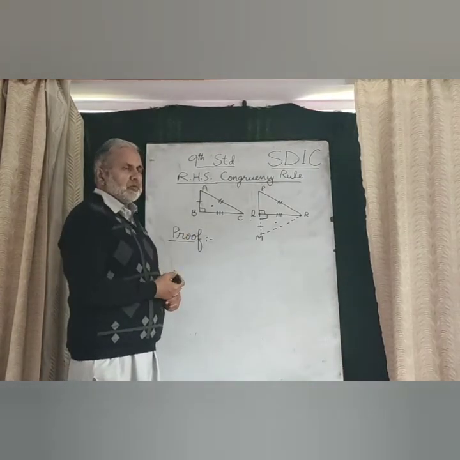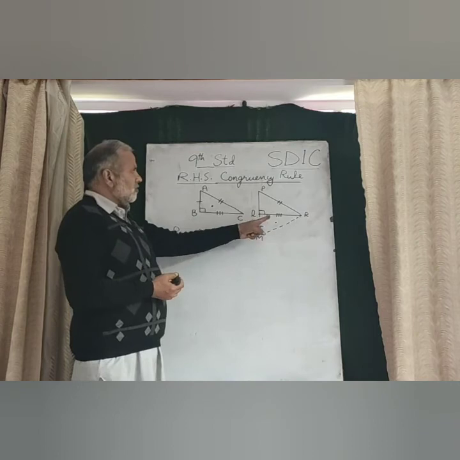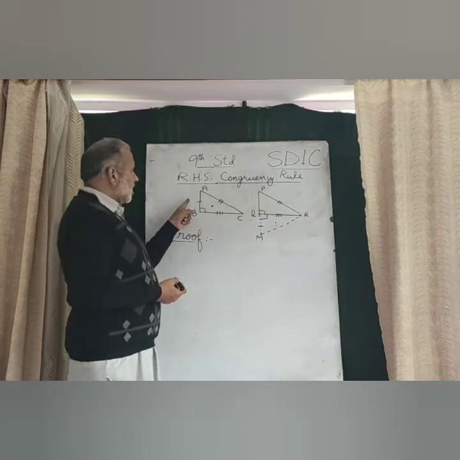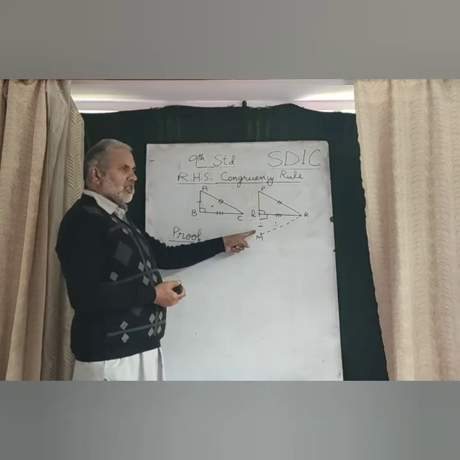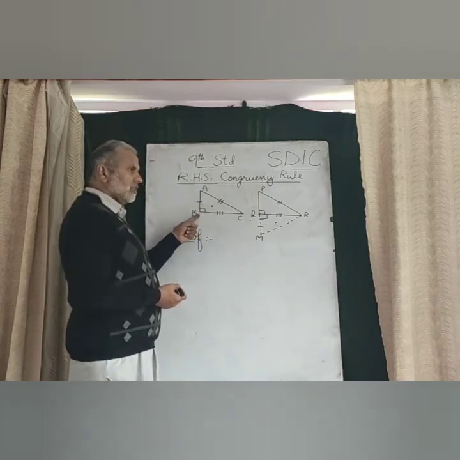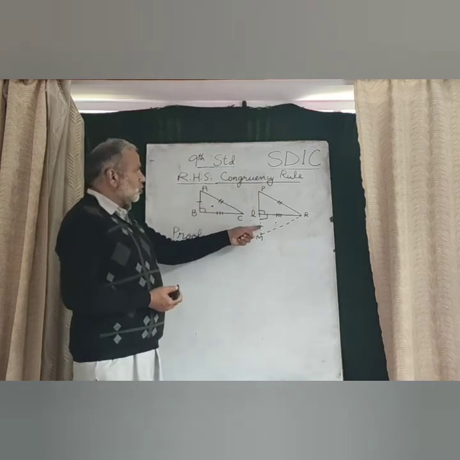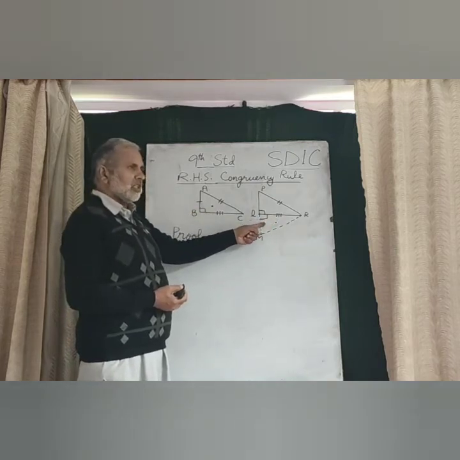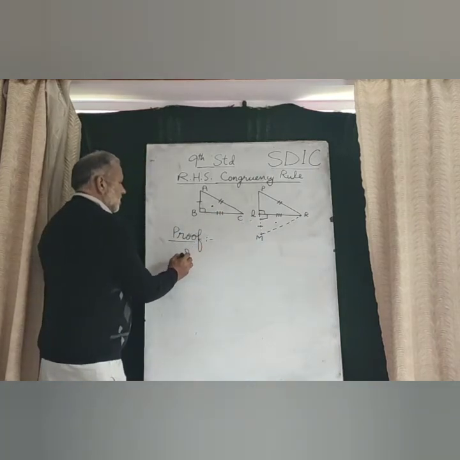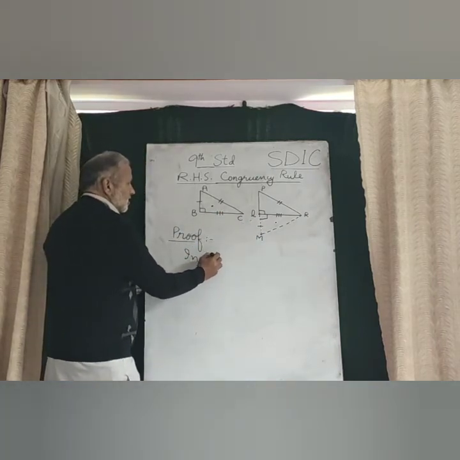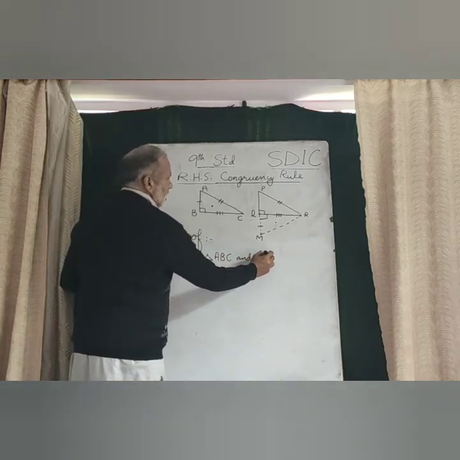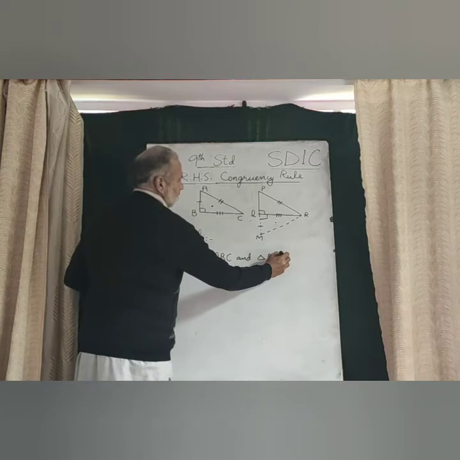Same procedure. BC we have equal to QR, it is given to us. Angles of 90 degrees we have. AB we have made equal to QM, construction. Thus we have two sides and included angle of this triangle equal to the two sides and included angle of another triangle. The two triangles therefore are congruent. Prove their congruency in triangle ABC and triangle MQR.